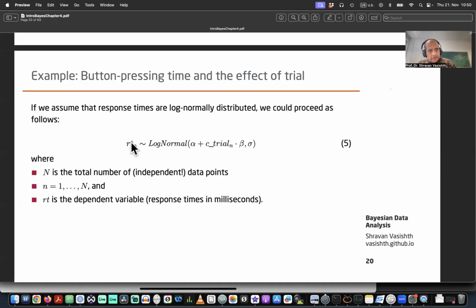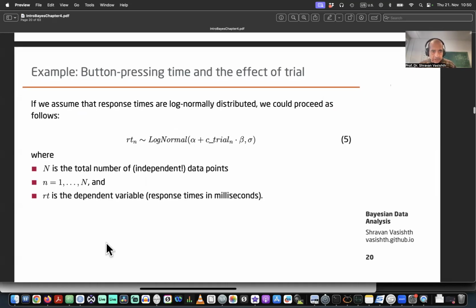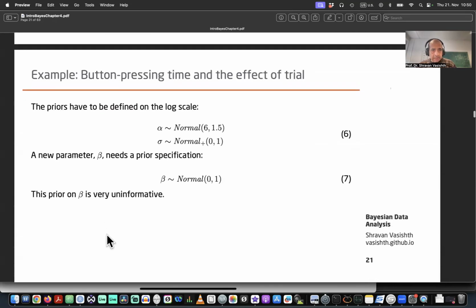For every button tapping time in the nth row in the data frame, I'm assuming that the data are coming from a log normal. This is just like the model I just fit for the multiple object tracking, but in the button pressing scenario and with a log normal distribution. So let's proceed and see where we go with this.